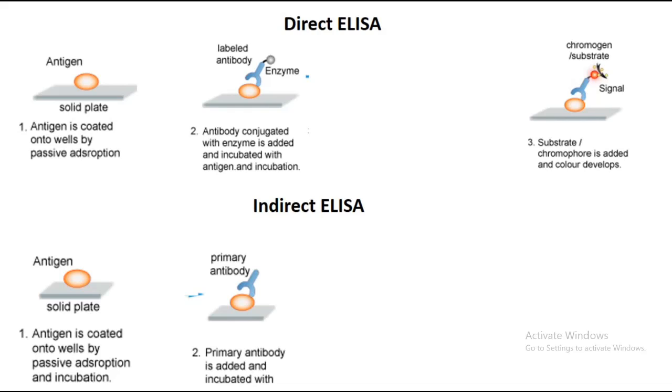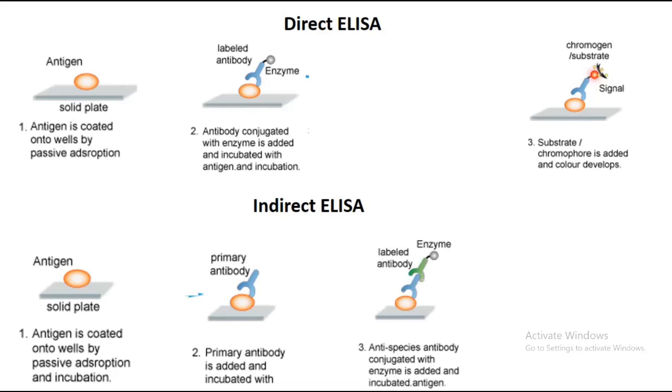And when it binds to the antigen, you then add a secondary antibody, okay? The secondary antibody binds to the Fc portion of the antibody from your blood, and it contains a secondary enzyme. And then at that stage, you add the substrate and you get a signal color change.